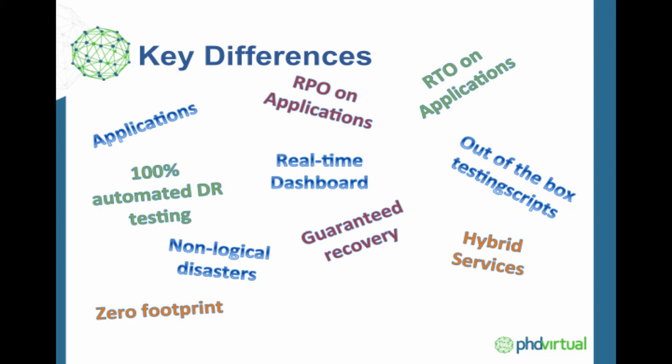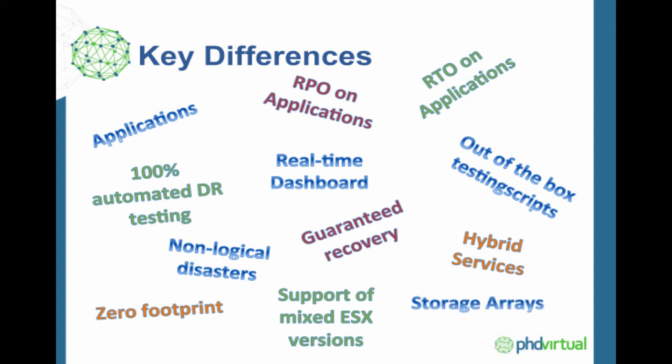You don't have to put out different backup agents, different agents inside the VMs. You haven't got to deploy anything to the additional hosts. We can support mixed ESX versions. So if you've got version 4 on one side and 5 on the other, we can support that.